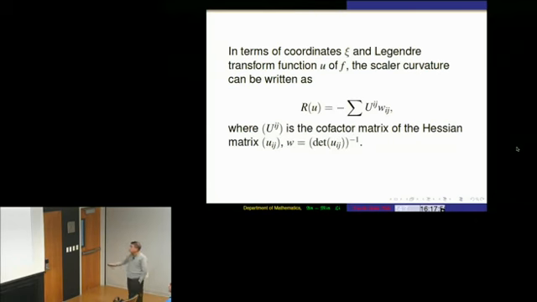In terms of the coordinate xi and the Legendre transform function u, the scalar curvature can be written in this way, where U^ij is the cofactor matrix of the Hessian matrix u_ij, and w equal to the inverse of the determinant. This is usually called the Abreu equation.